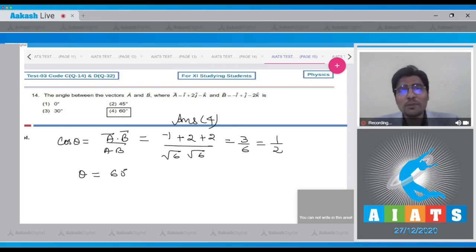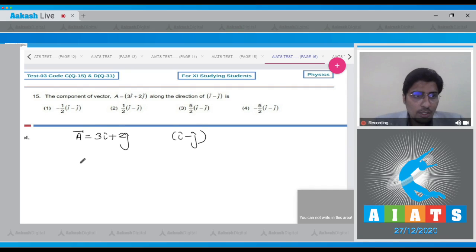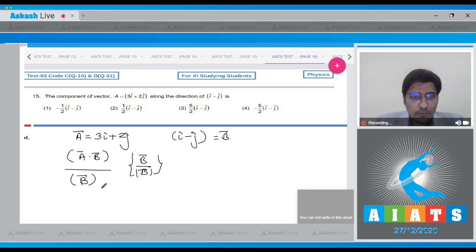Now let us solve question number 15. Question 15 says the component of vector A, which is equal to 3 i cap plus 2 j cap, along the direction i cap minus j cap is. Dear student, let the second vector be B vector. The required component will be A dot B divided by B into vector B by magnitude of B. Here the denominator has both magnitudes.